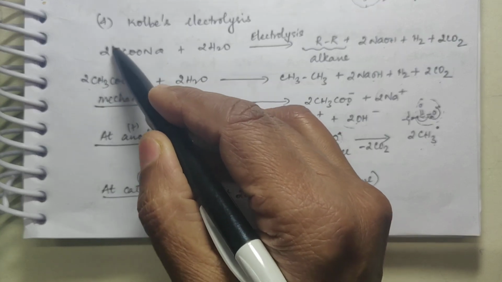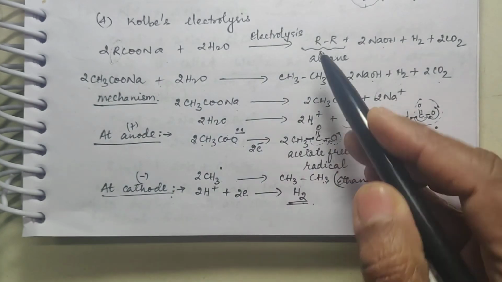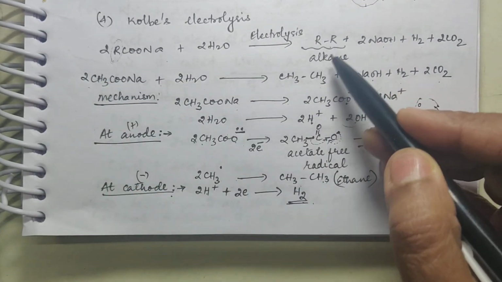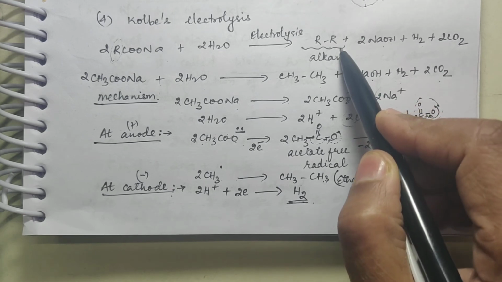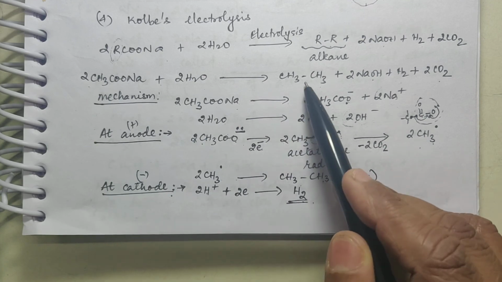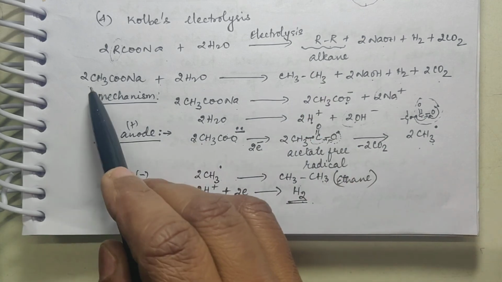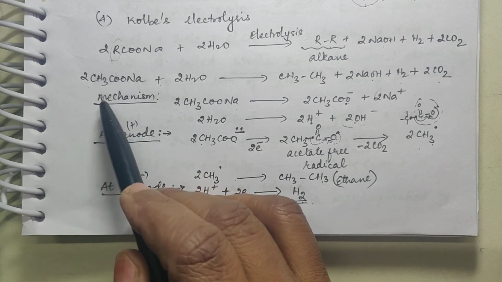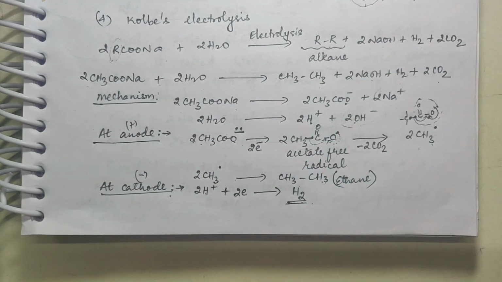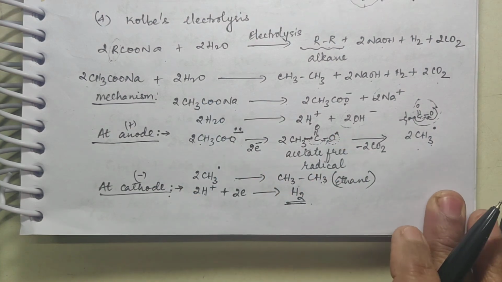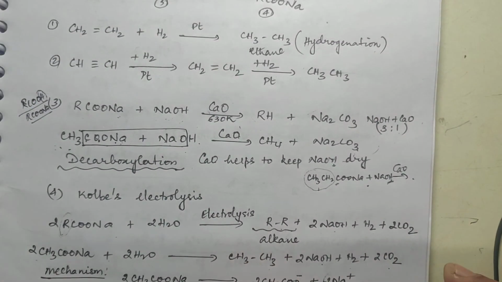This R part, that is the alkyl group, will get doubled in the product. Is that clear? So CH3 is getting doubled. That is why you are getting ethane. Supposing you start with C2H5COONa, then that C2H5 will get doubled. So you will get butane. Is that clear? So this is how Kolb's electrolysis process works.